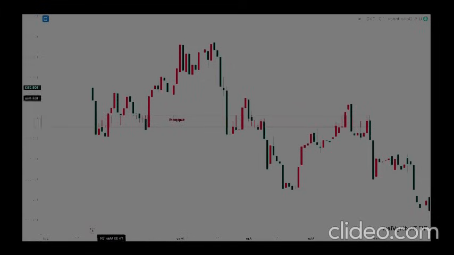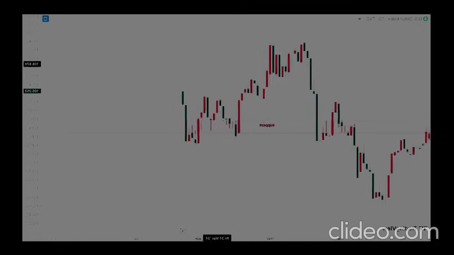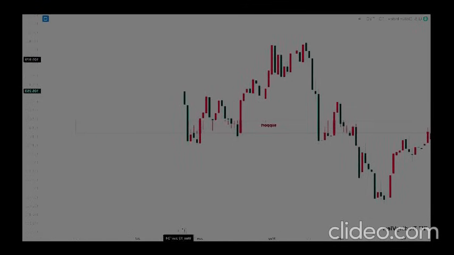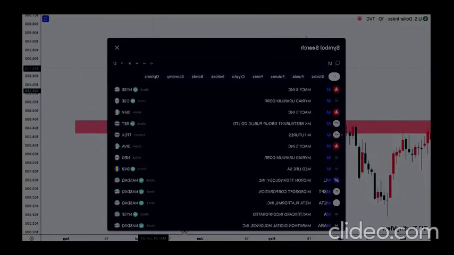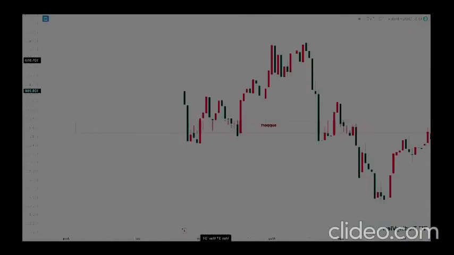I mean, you are doing top-down analysis, from, let's say, the monthly time frame, from the monthly time frame up to the hourly time frame.